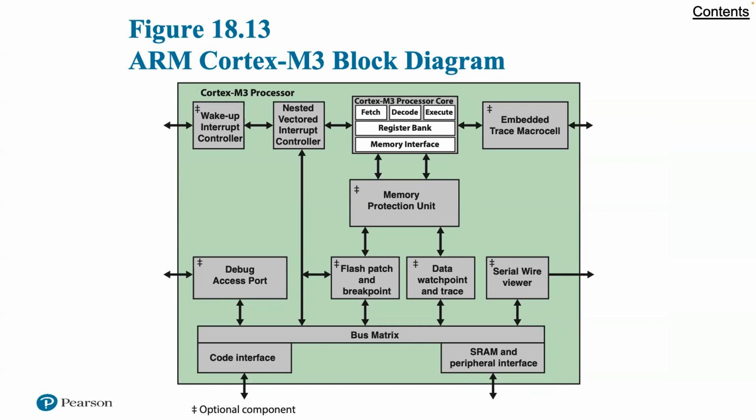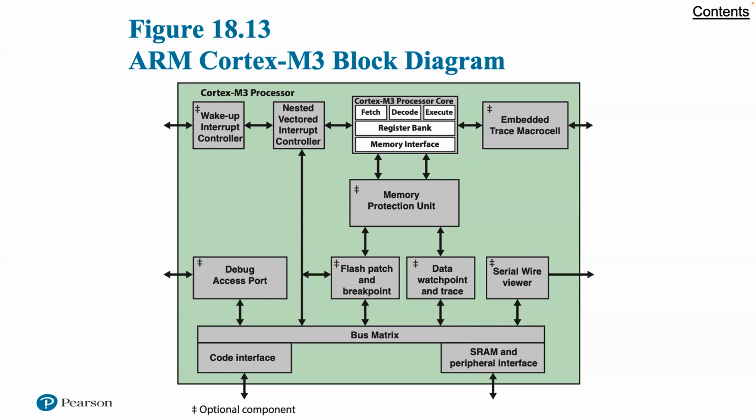As such, the Cortex-M processors need to be as simple and efficient as possible. So in this figure 18.13, it provides a block diagram overview of the Cortex-M3 processor. This figure provides more detail than was shown in figure 1.16 back in chapter 1.